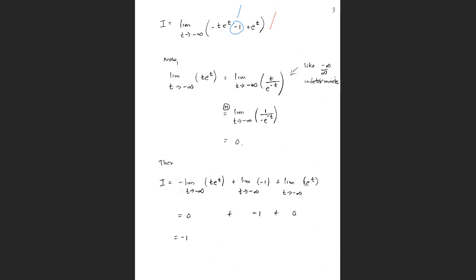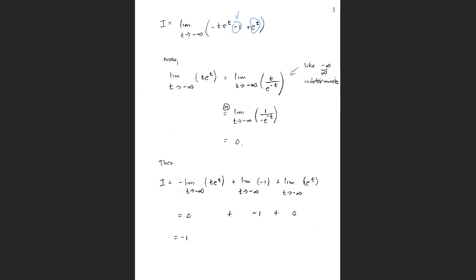Now, e to the t, as t approaches negative infinity, is going to approach e to the negative infinity, which is like 1 over e to the positive infinity. Hold on. Let me do this again. What I want to do is look at these different terms. The negative 1 is good. You don't have to worry about that.